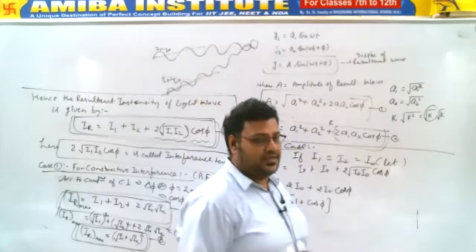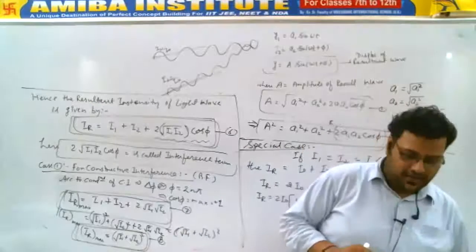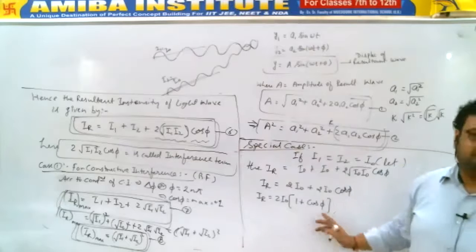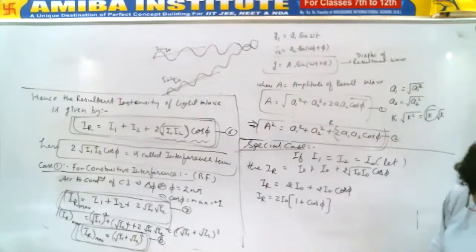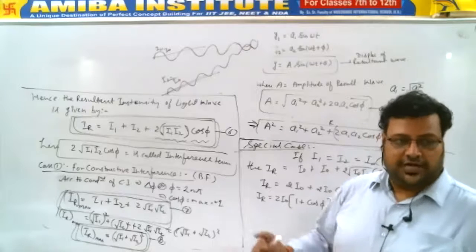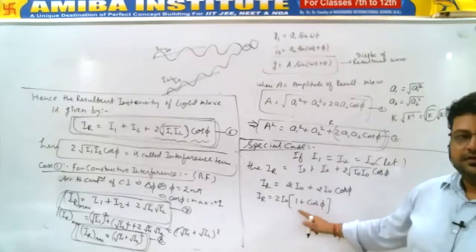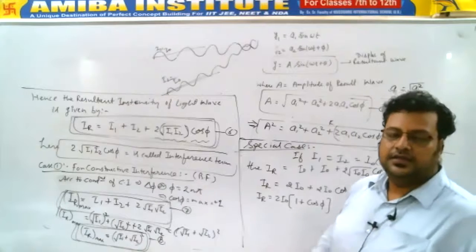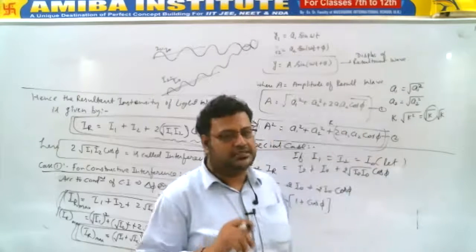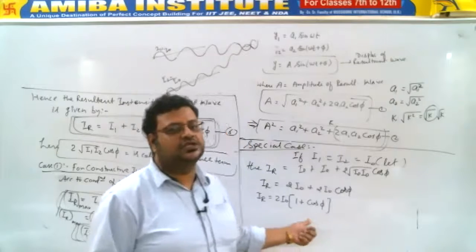I told something in the very beginning of the classes. Whenever this kind of term comes, what do we need to do? Whenever you find the 1 with cos theta in plus or minus, we need to cancel out this 1.